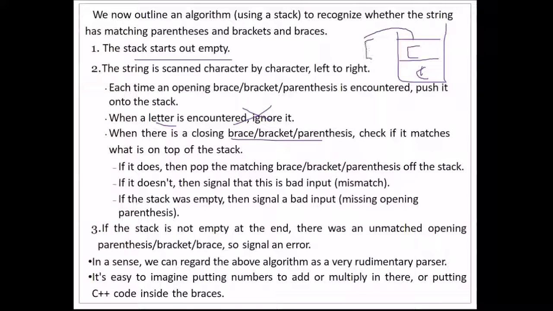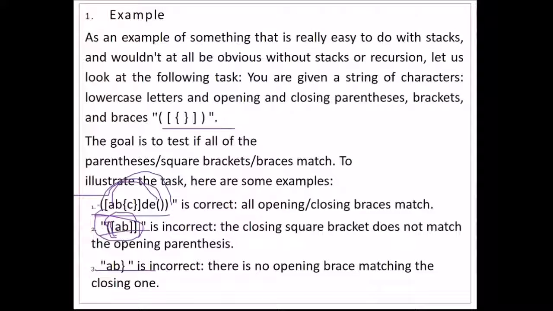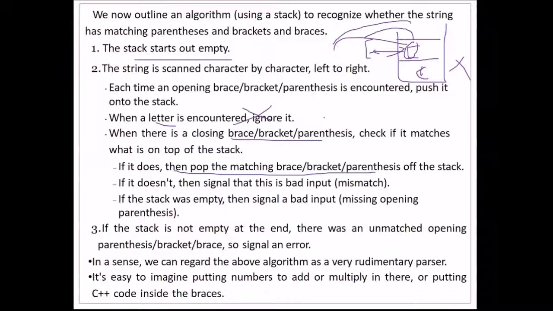If a square bracket is coming, we match it, and if they match, we pop out what is on the stack. But if it doesn't match, there will be an error. Now as the next one comes, a square bracket, it will not match with this round bracket, so this will be a problem.